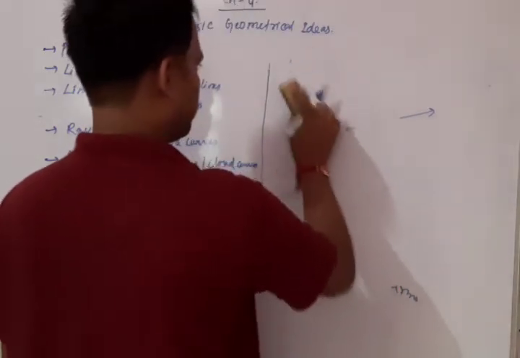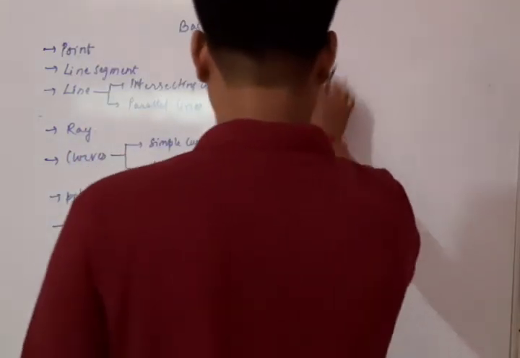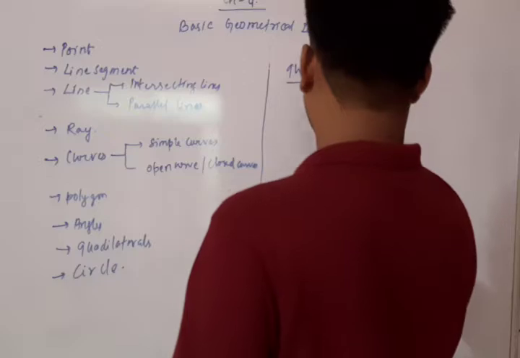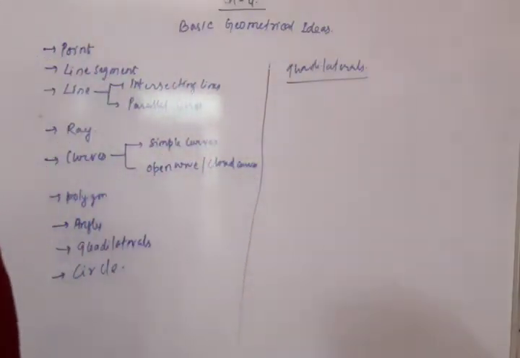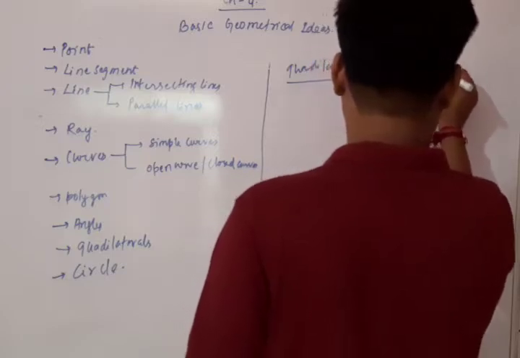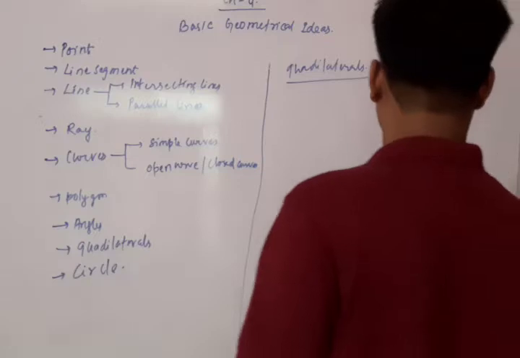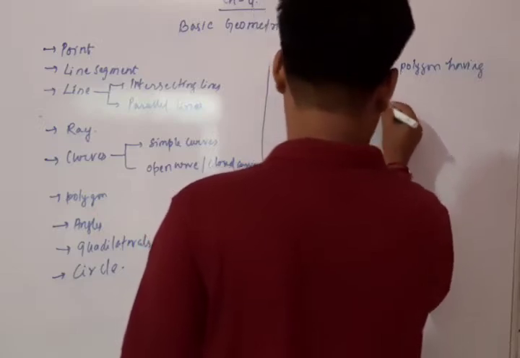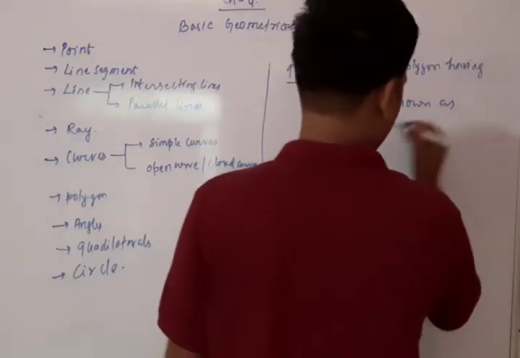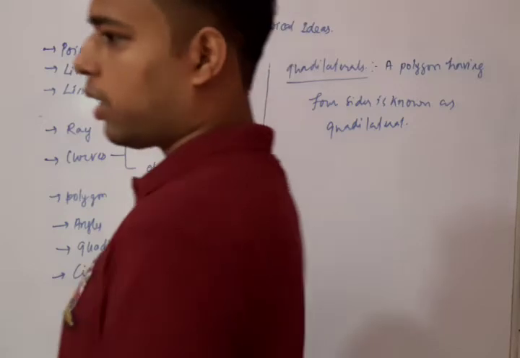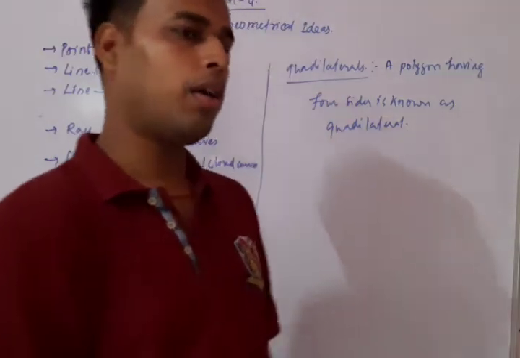Now moving to quadrilaterals. A polygon having 4 sides is known as a quadrilateral. The number of vertices will be 4, number of arms will be 4, number of diagonals will be 2.